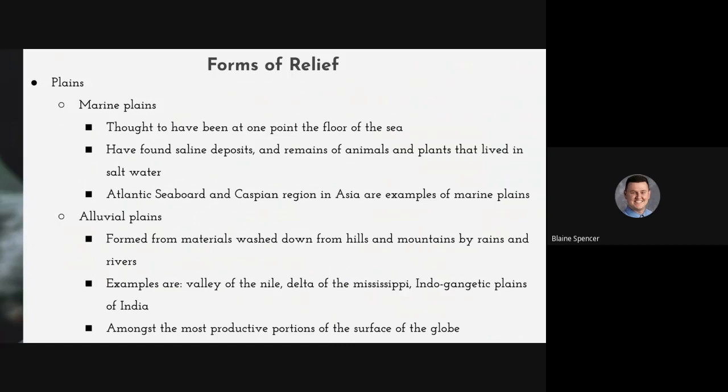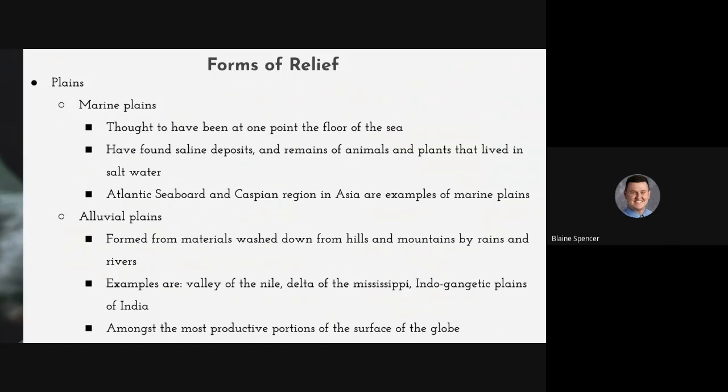We have found and studied the remains of animals and plants within this area, animals that had to survive in salt water. They can't just live on land by themselves. They have to survive in an area that's covered with salt water.